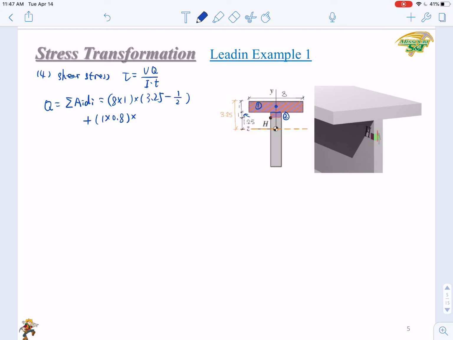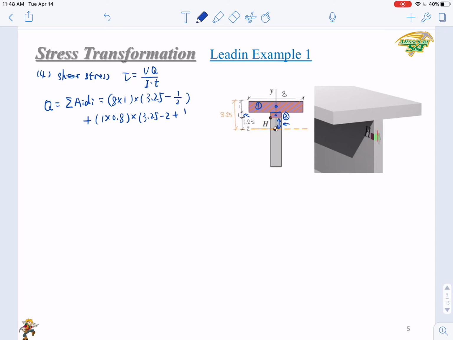And what is the d value for this sub-area? It's from the centroid to the local centroid, or this distance plus half of the thickness. This distance showing here is actually the y bar minus 2, right? So that is y bar minus 2 plus half of the thickness of sub-area 2.